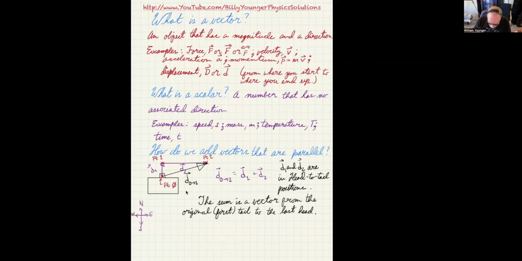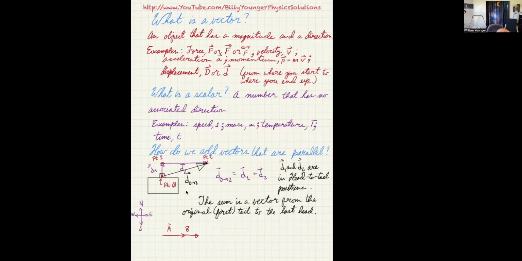But the simplest case is what about when they're parallel? Well, that's easy enough. If I take a vector that is, let's say, 3 units long, let's say that is vector A, and then I walk from there a distance 2.